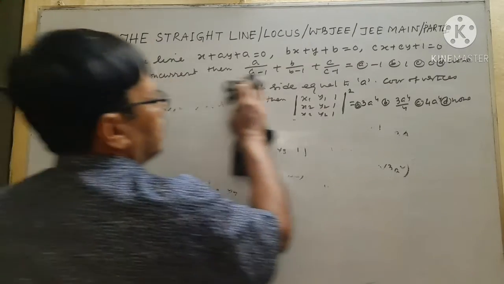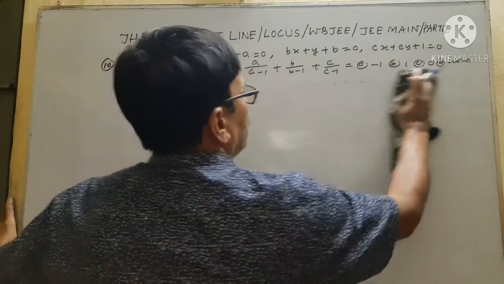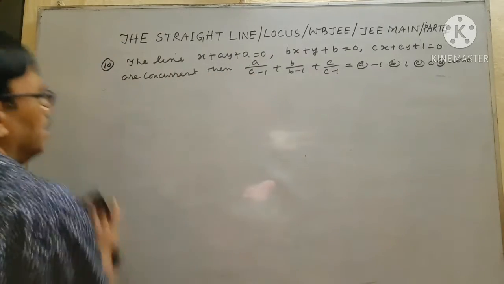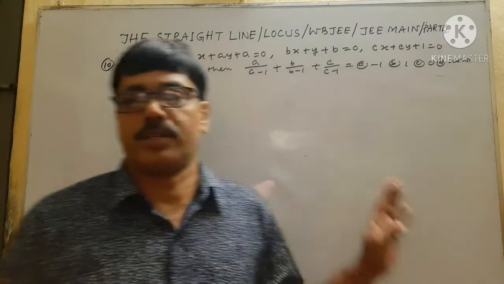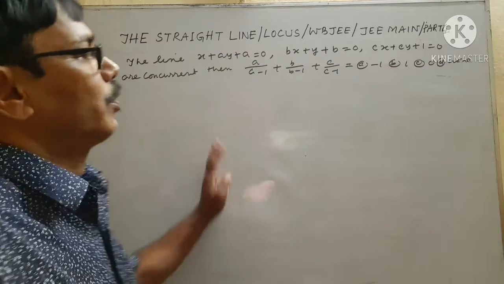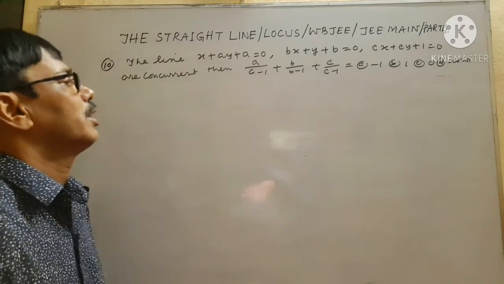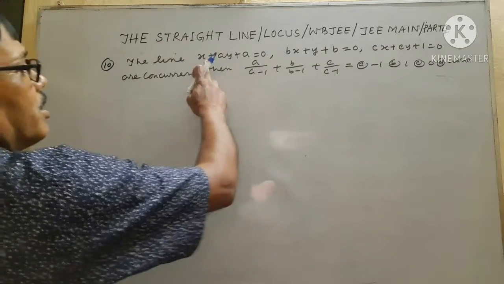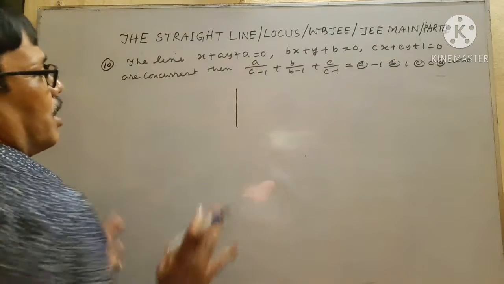Now problem number 10. We have already solved a similar problem in part 3. Now, the condition of concurrency of 3 lines. Since these lines are concurrent, we use a determinant.